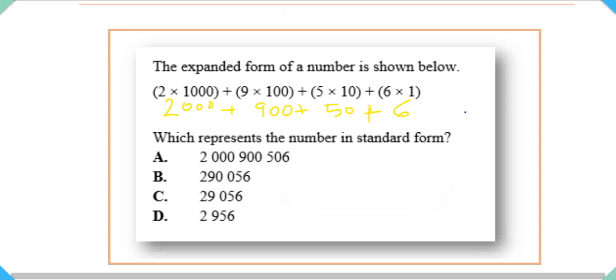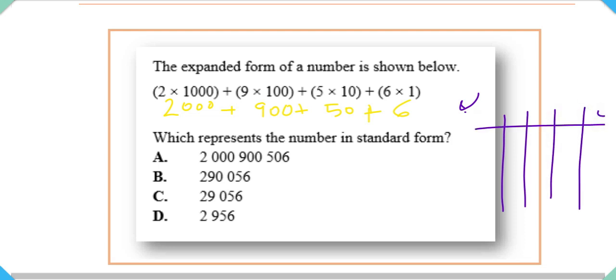Now here's what we're going to do. We're going to plug this in our handy dandy place value chart. All of you by now would be familiar with your place value chart, so we're going to draw it right over here. We have ones here, we have tens, we have hundreds, and we have thousands. All we're going to do is plug in these values into our place value chart. So let's do that.